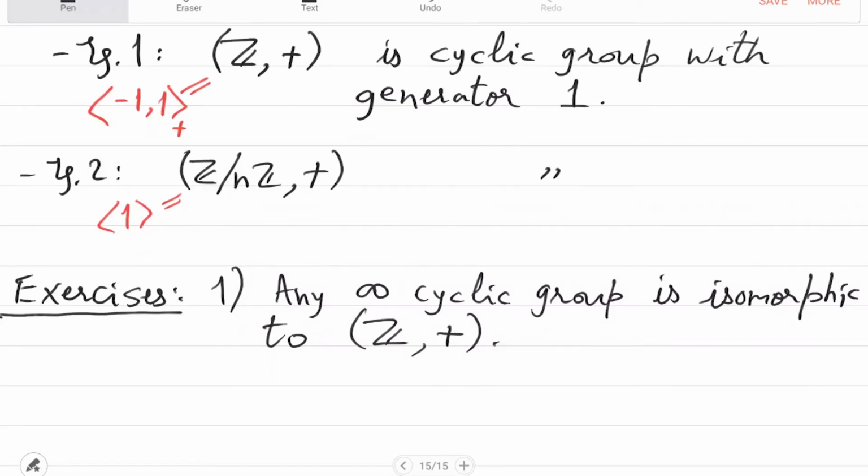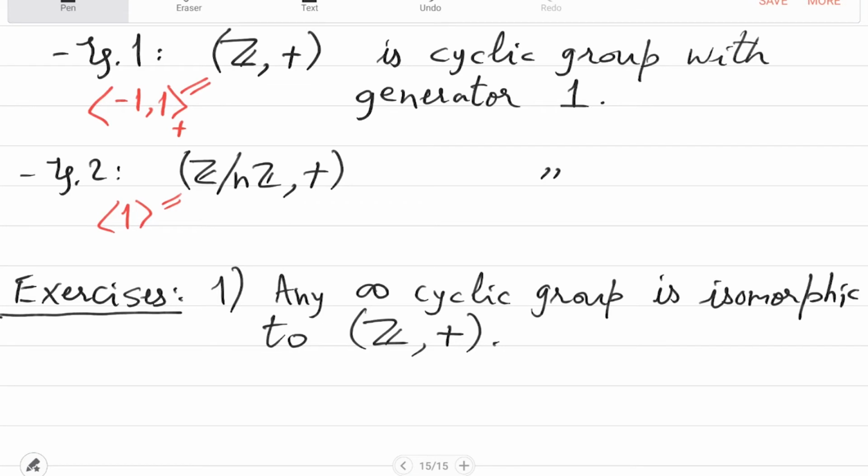This is quite easy to show. You just have to properly understand the definition of cyclic group. You are saying that there is an element g such that g squared on the positive side and g to the 0, g to the minus 1 on the negative side, this is your whole set. So from that you set up an isomorphism with integers. You basically bring down the exponent. So formalize that as a proof. Show the isomorphism.